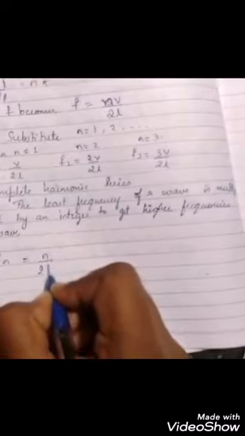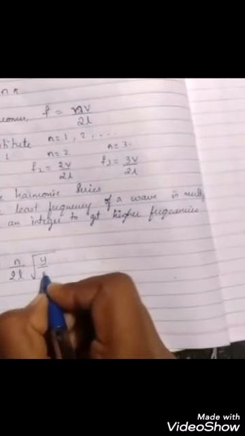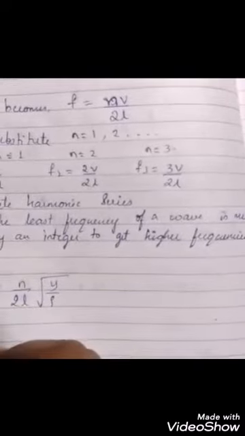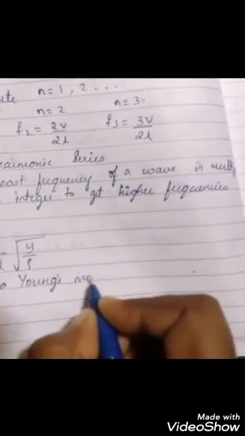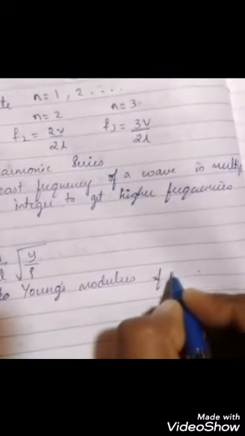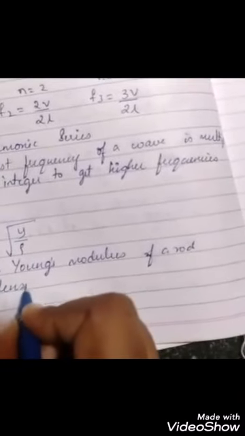Then the nth frequency can be represented by Fn equals n by 2L into square root of Y by ρ, where Y represents the elastic modulus or Young's modulus of the rod, where ρ represents the density of the medium where the sound propagates.